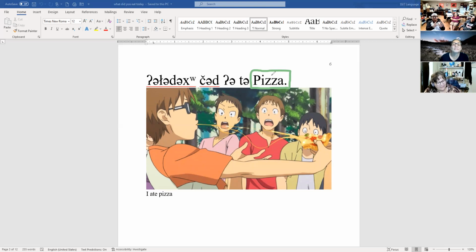Give yourself permission to add in the English word for now, because we don't know all the food names yet. If you ate pizza, go ahead and say pizza. That's why we have so few pages, because there are a lot of English words.